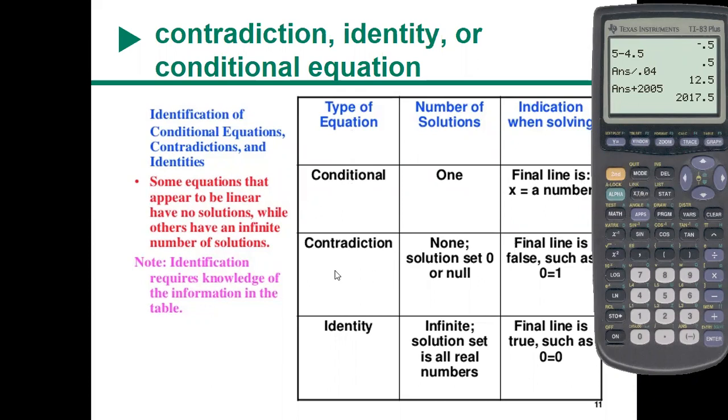You have contradiction, which has no solution, and the final line is going to be something false, like 0 equals 1 or 0 equals 3, something that's not true. And then you have the identity equation, which means infinite solutions, and that's when it comes down to 0 equals 0. So those are your three types of equations: conditional, contradiction, and identity.